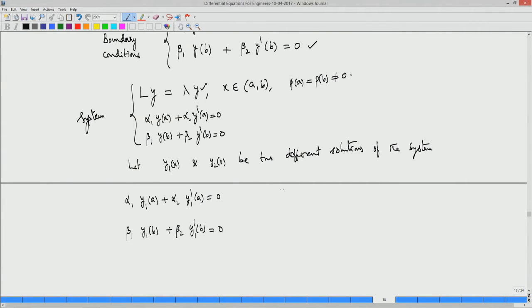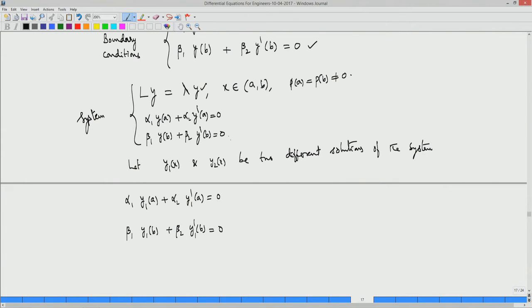And y2 is also satisfying the equation Ly2 equal to lambda y2, for some lambda. I am not saying that y1 and y2 are solutions for the same lambda. For some parameter values of lambda, y1 is one solution, and y2 satisfies the equation for some lambda, but with the same boundary conditions.